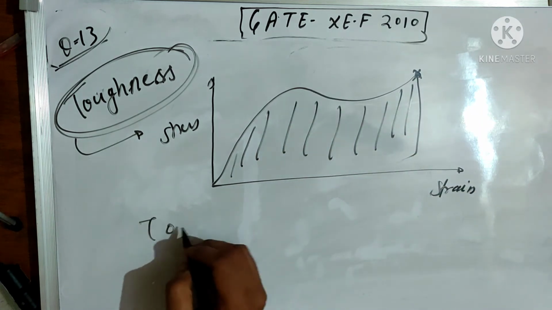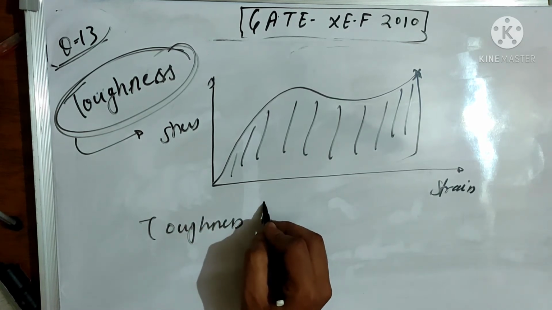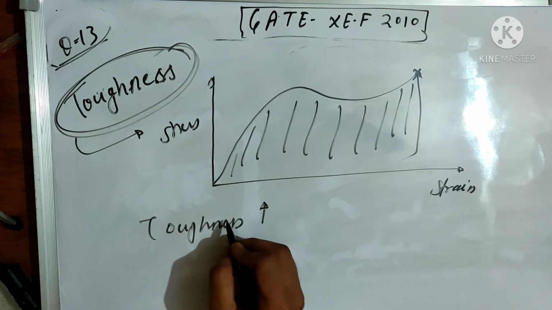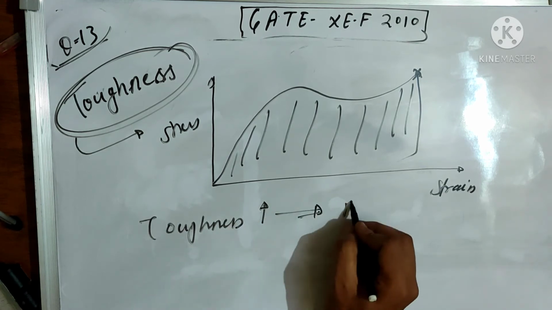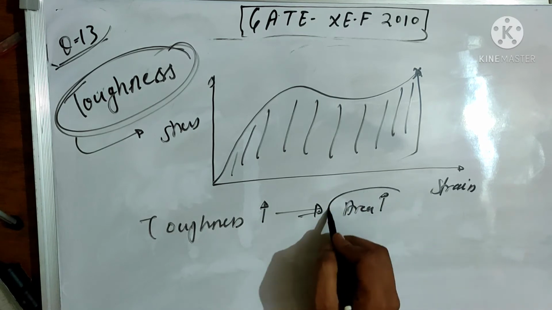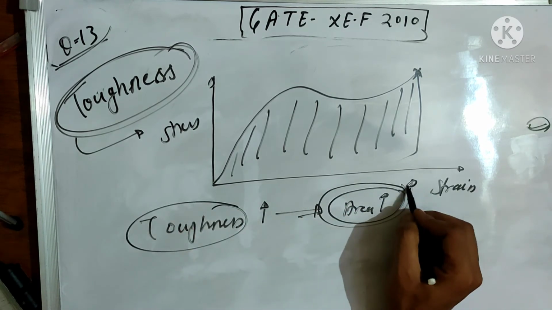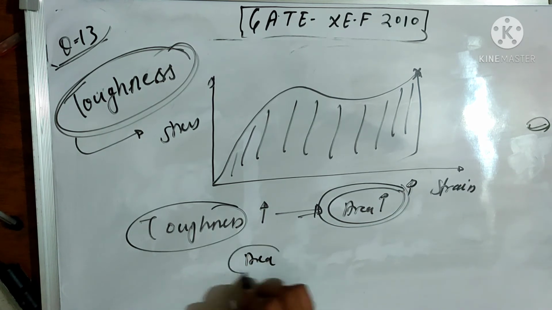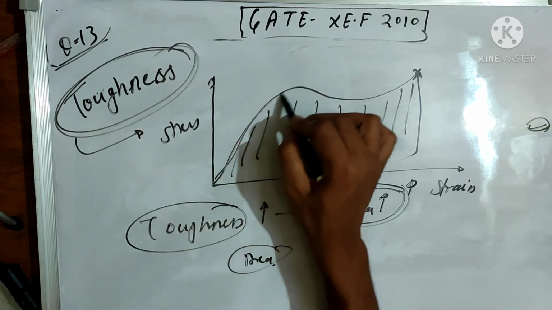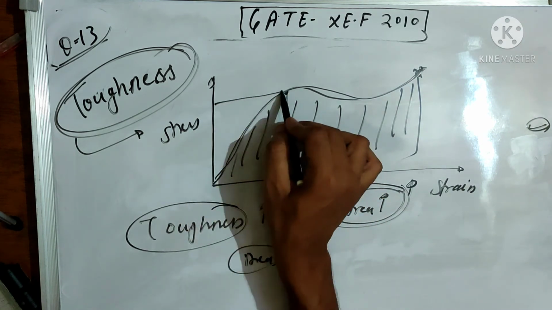Toughness increases if the area under the curve increases, and the area depends upon the elongation of the material and its tensile strength.